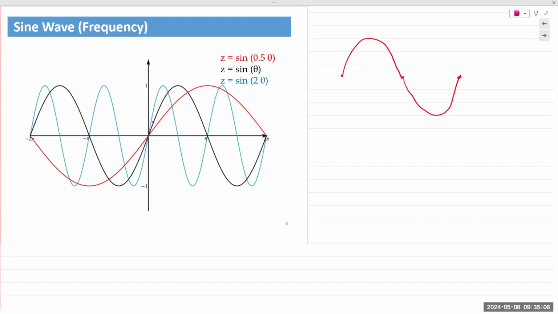When it traverses both the positive and the negative peaks and comes back to 0, we say it has completed one full cycle. This is one full cycle. This is also mathematically represented by the uppercase T and is known as the time period of the waveform.